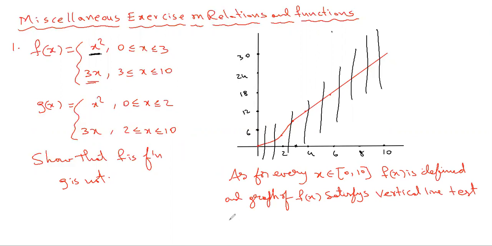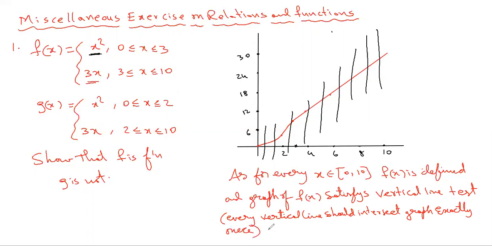Vertical line test means every vertical line should intercept the graph exactly once. Therefore, f is a function.